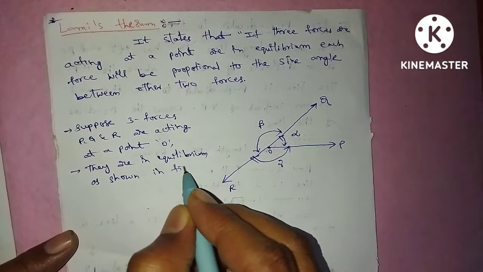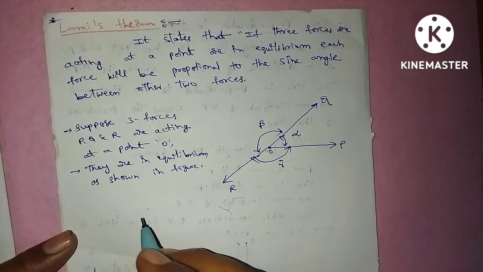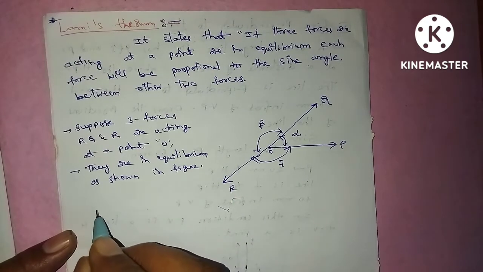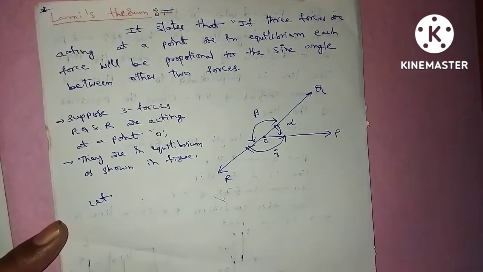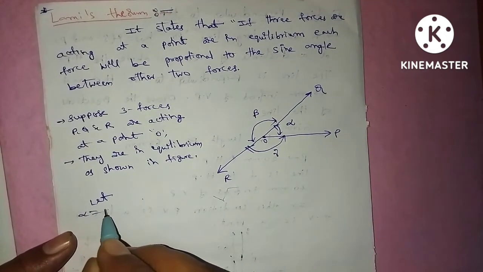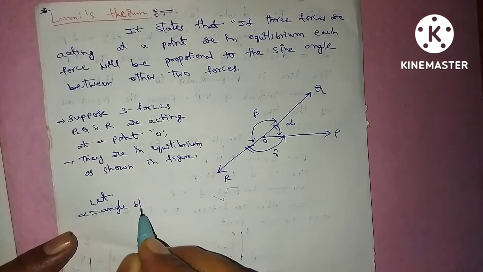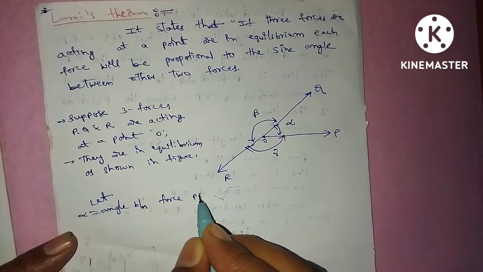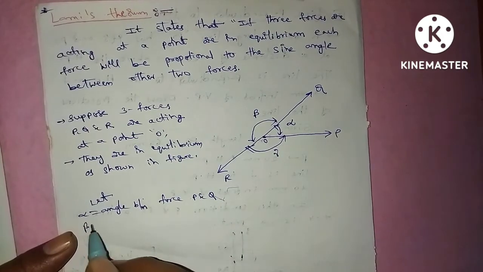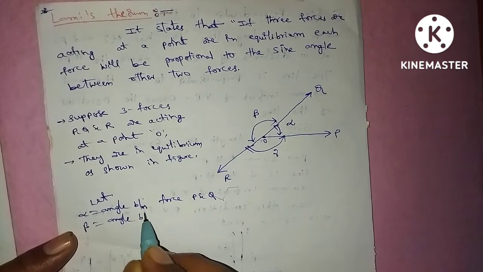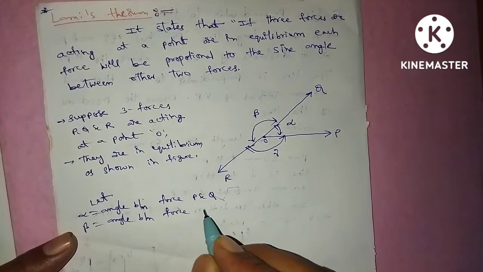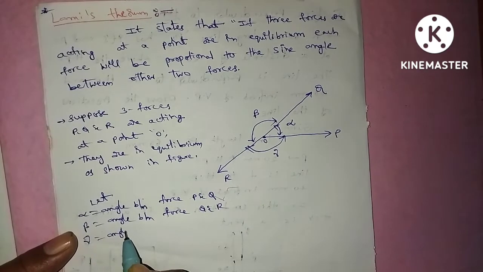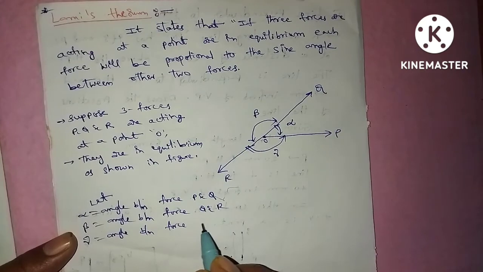As per the statement of Lami's theorem, each force will be proportional to the sine angle between the other two forces. Let alpha be the angle between the force P and Q, beta the angle between the force Q and R, gamma the angle between the force R and P.